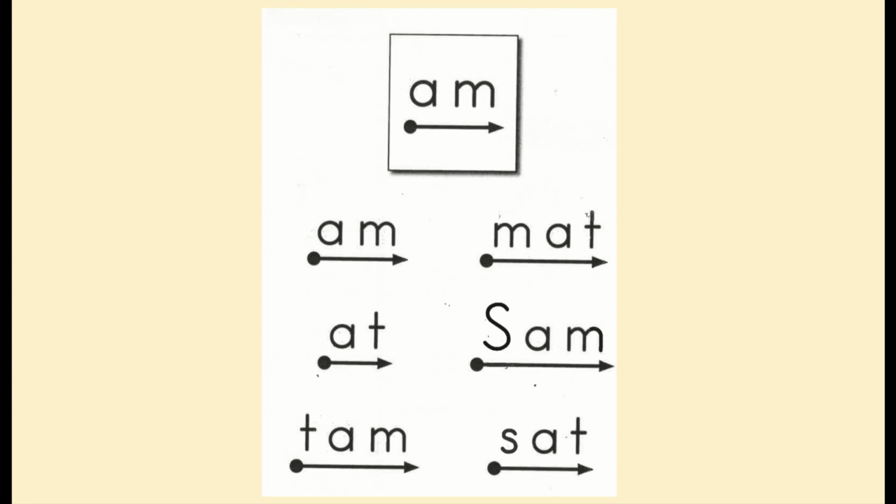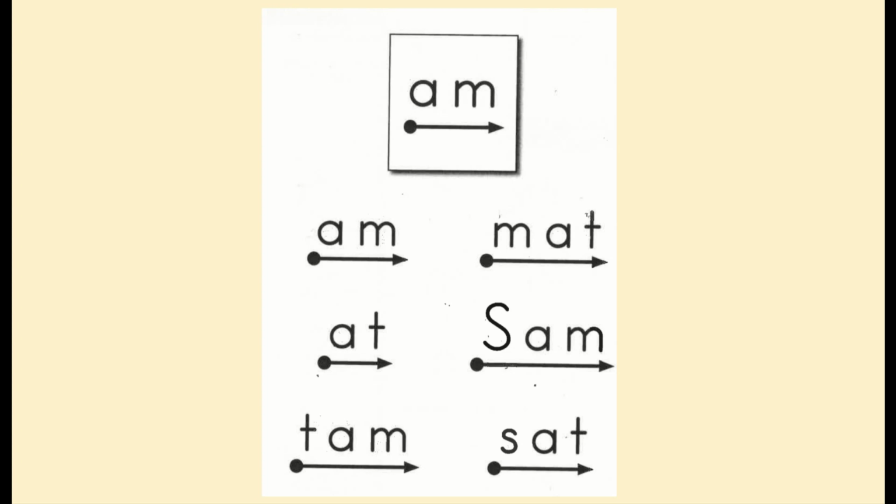What sound does mat start with? Mat starts with the sound m. What sound does mat end with? Mat ends with the t sound. At is the ending sound. Let's try that with another word.